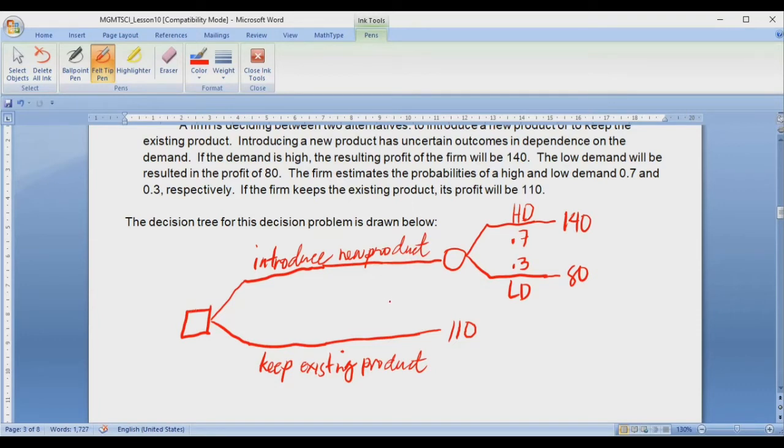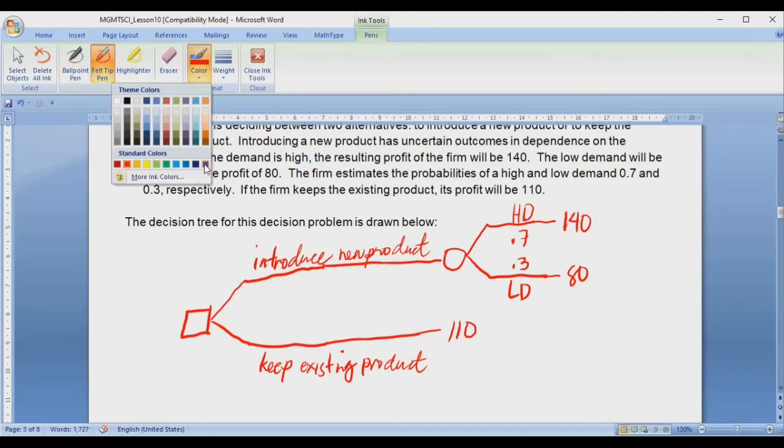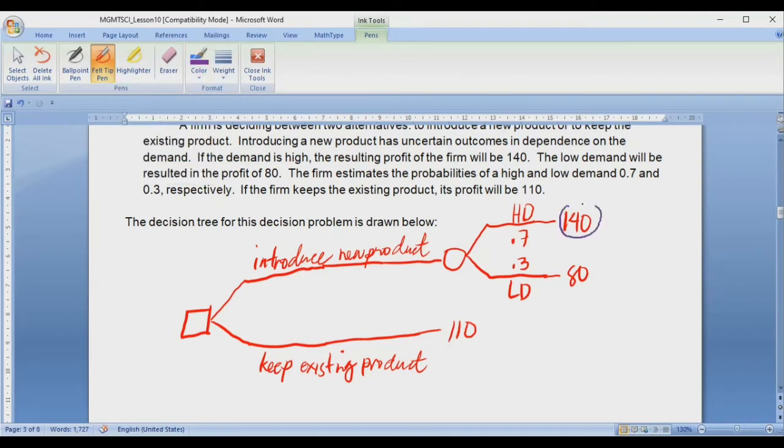So what you need to do is to compute the expected value if you will introduce a new product. So let's solve. Just multiply this profit for high demand by its probability, added to the product of this profit when it's low demand, given a probability of 0.3.